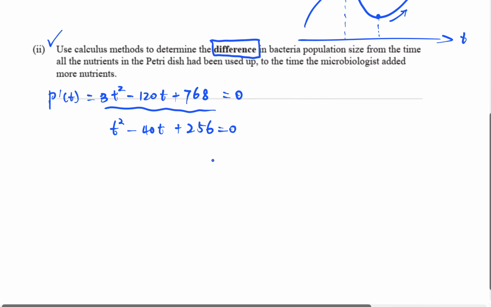Now have a look at this bigger number. I'm going to break this big number down into two numbers and put them inside two brackets. What should the numbers be? Let me have a look. 256. What is it?